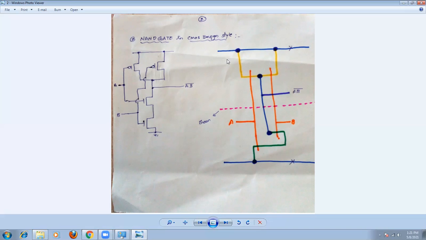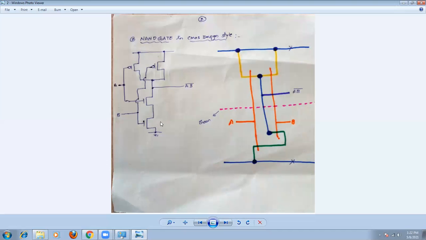To draw the stick diagram, you can follow the same procedure, but somewhat different. Just observe, this is the VDD line, you can draw a horizontal line. Here also we are going to draw a horizontal line. Because these 2 transistors are connected in series, series starts with the letter S, so you can identify it like this.